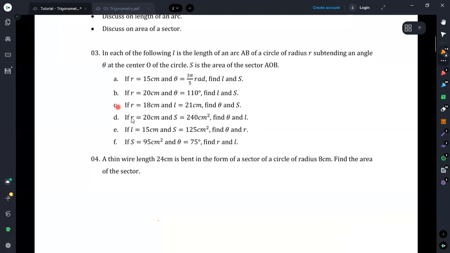Likewise, there are some examples included under the third question. The first four questions will be discussed in obtaining the answers for this set.